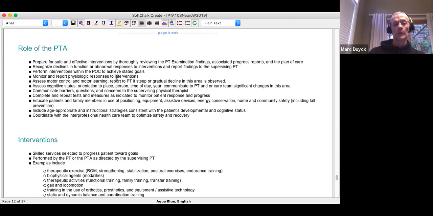Motor control and motor learning, we talked about that. And then being able to communicate in a timely way challenges that you have with that particular patient, or just not understanding fully what's happening. It's okay, even for seasoned PTAs, if something isn't quite adding up, to go to the supervising PT and ask for clarification or to communicate.